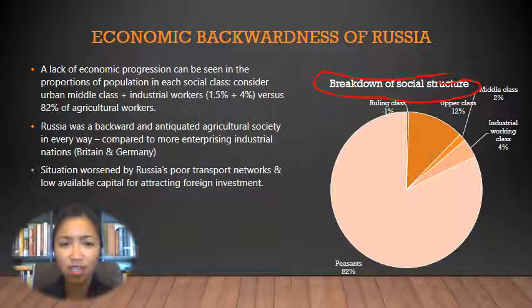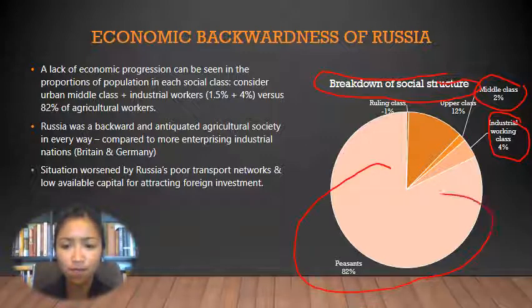You've got the urban middle class and the industrial working class, 1.5% say, and 4%, versus the overwhelming majority, 82%, who are agricultural workers. So 82% of the population is still working the land and working in agriculture as opposed to working in industry. So you can see here the economy is not going to be growing very quickly.